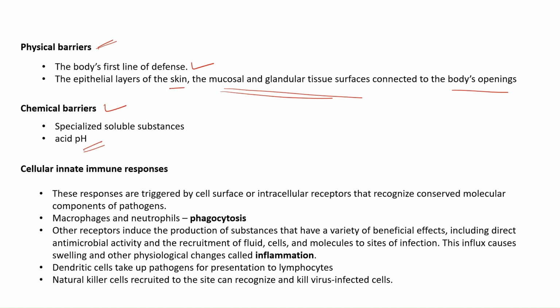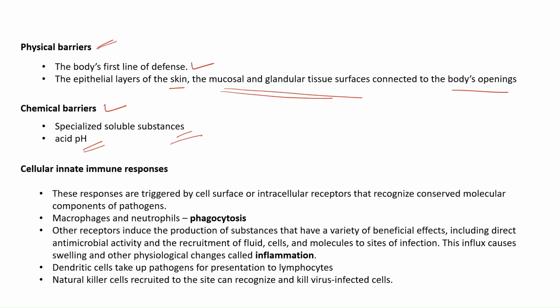This we call the chemical barriers. These are specialized soluble molecules. Even under the skin we have multiple such soluble molecules that constitute the chemical barriers, as well as in all our openings we have some specialized soluble molecules that help to protect.